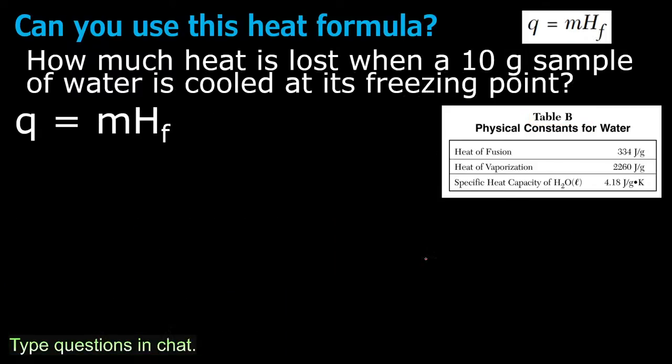The same goes for heat of fusion, but we are talking about either melting or freezing. For water we use the values from Table B, and for other substances you would have to be given the heat of fusion to do the calculation, or you could be given heat and asked to find the heat of fusion.